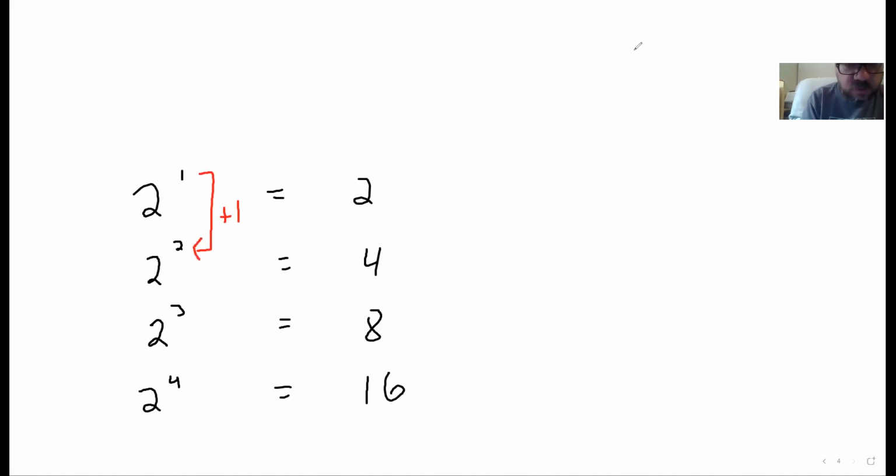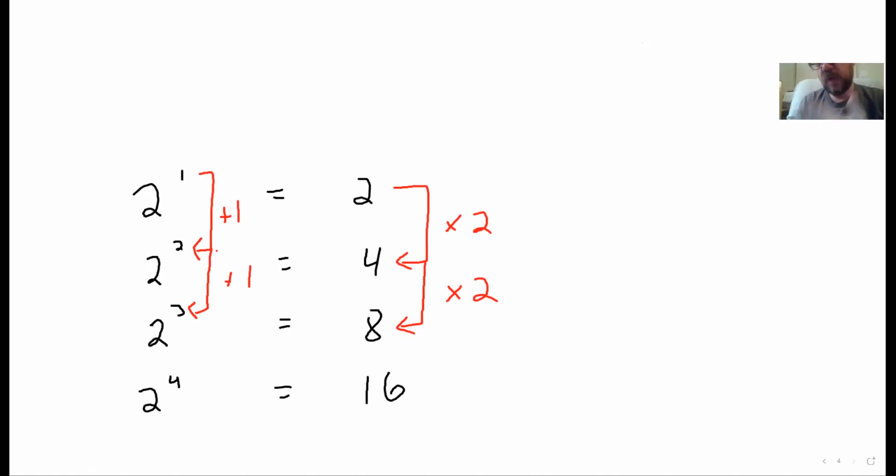When I do that, this gets multiplied by 2, times 2, etc. Every time I go up by 1 in the exponent, you get a plus 1 here, and you get times 2 here. And you can see that pattern just continues forever, because adding another 1 to the exponent means multiply by another 2, right? That's what exponents are.